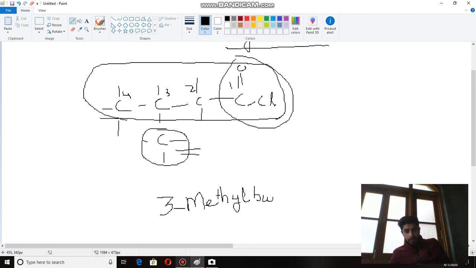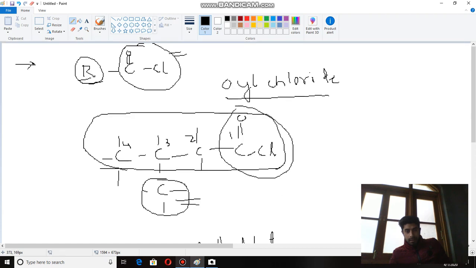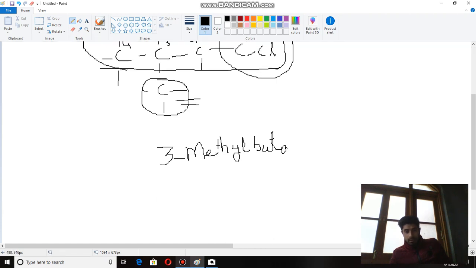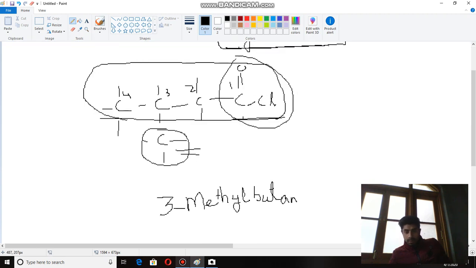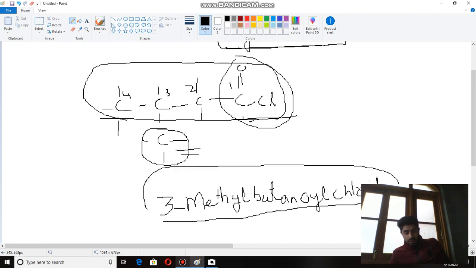But, and the single bond. Now comes the role of the secondary suffix for this principal functional group. It's oyl chloride. So the name for this compound becomes 3-methyl butanoyl chloride.